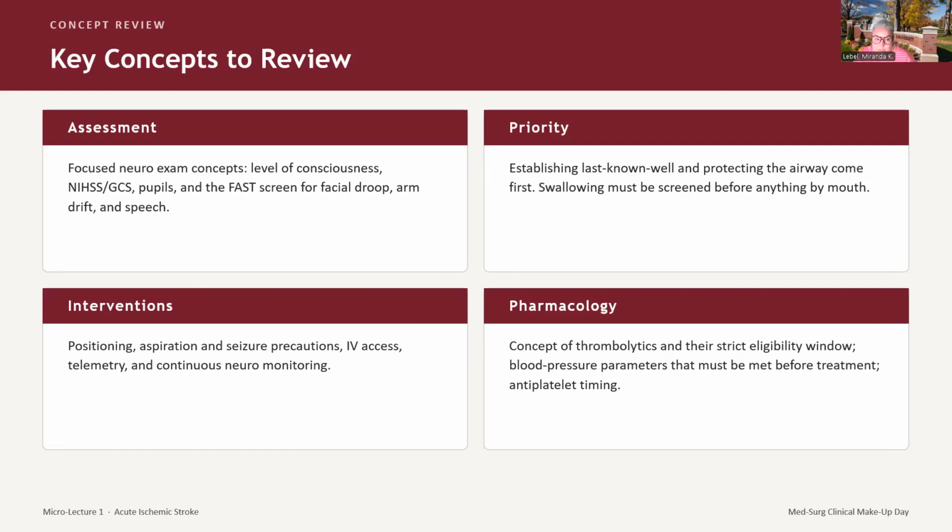The time piece brings us over to priority. We have to establish the last known well and then protect the airway, and those items are going to come first. The last known well is super key because it helps determine if we can give life-saving TNK, that clot-busting medication, tenecteplase or alteplase.